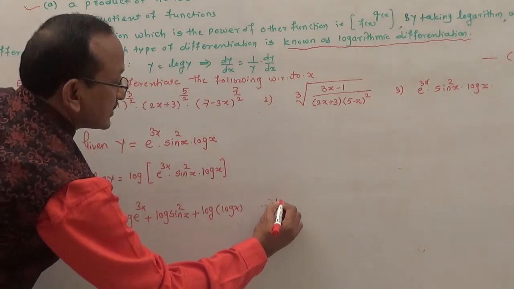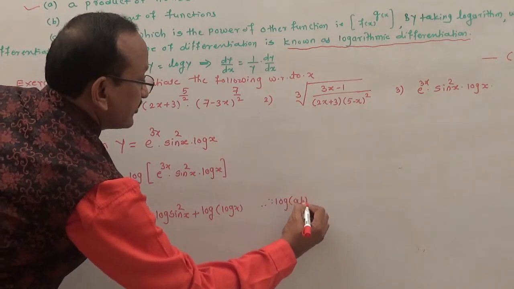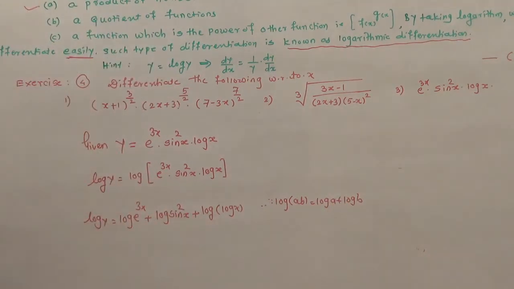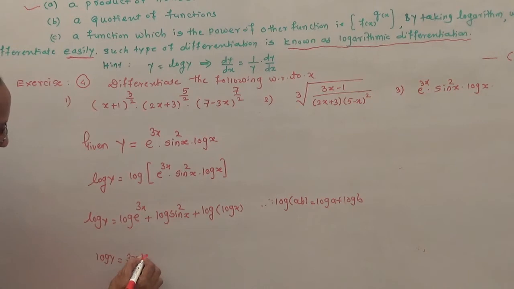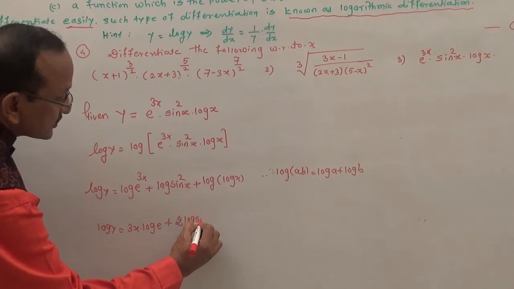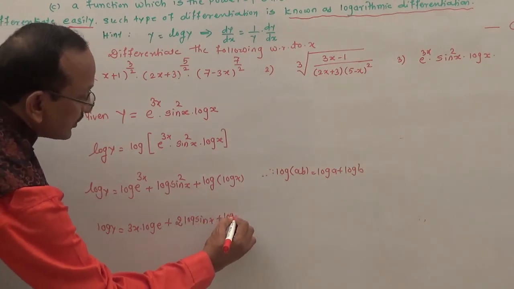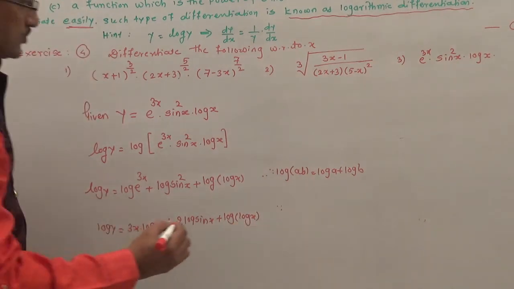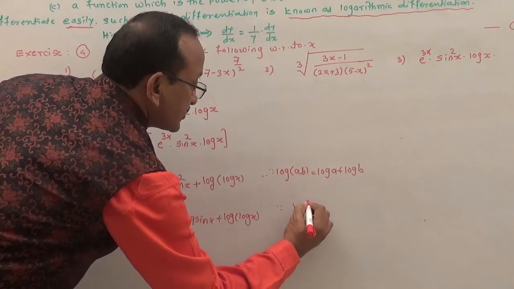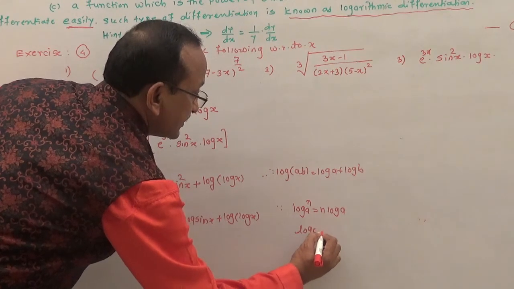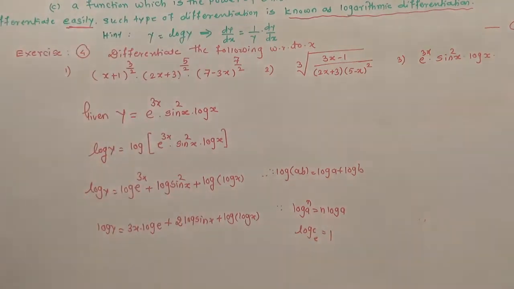So I apply the log AB formula, log A plus log B. Again simplify it. Log y is equal to 3 times x into log e plus 2 times log of sin x plus log of log x. So apply the formula here: log a raised to power n is n times log of a, and log e to the base e is equal to 1.